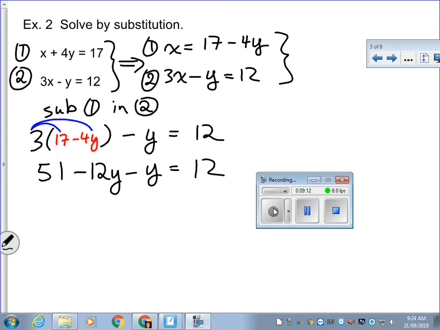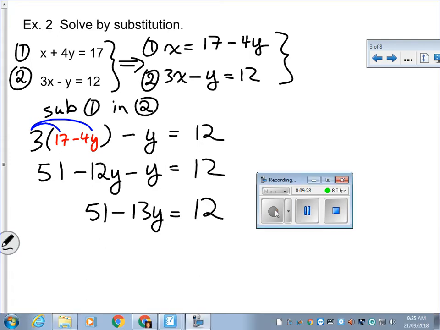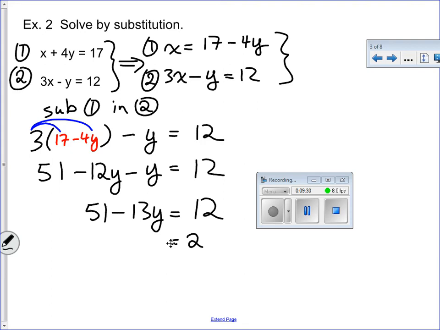So now we have this, and now when we collect our like terms, we have 51 minus 13y equals 12. So now we have 12 minus 51 is negative 13y.